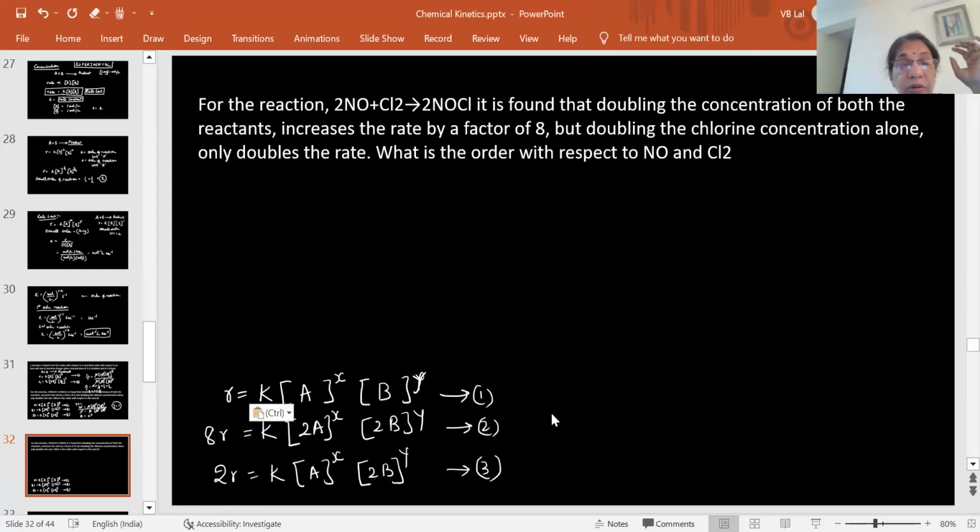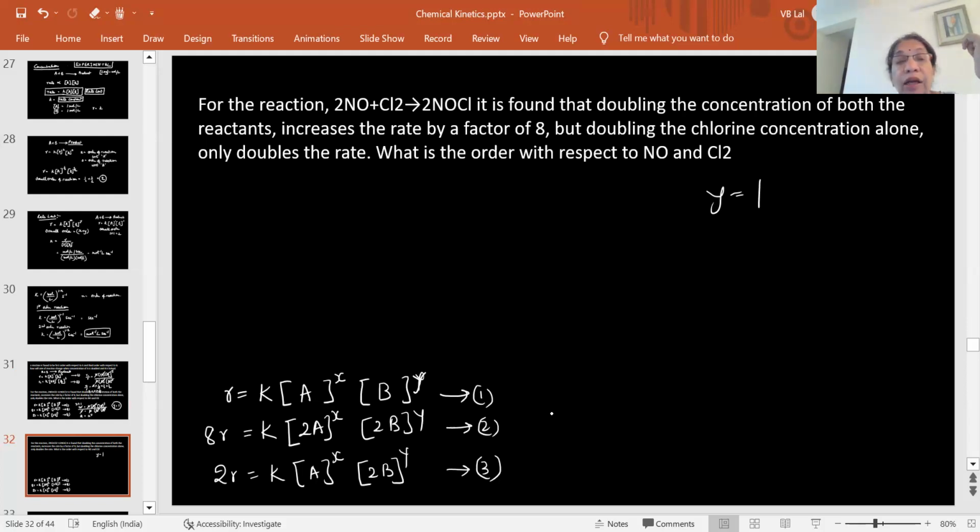Okay, so the 3 equations are there. Now I've already found Y is equal to 1. Now I have to find the value of X. So this time let me divide 2 by 1.